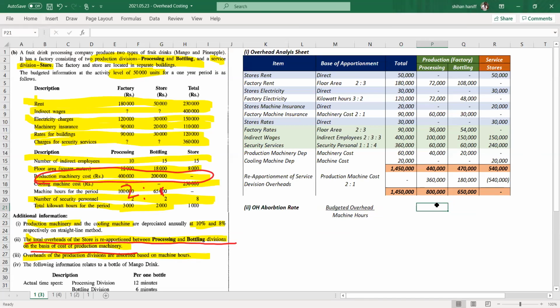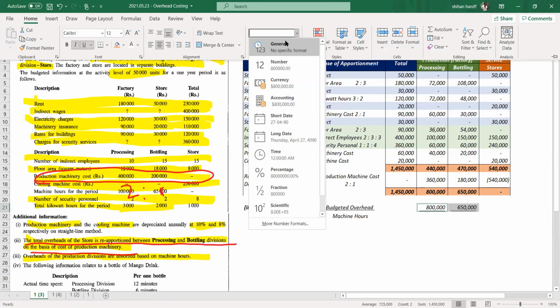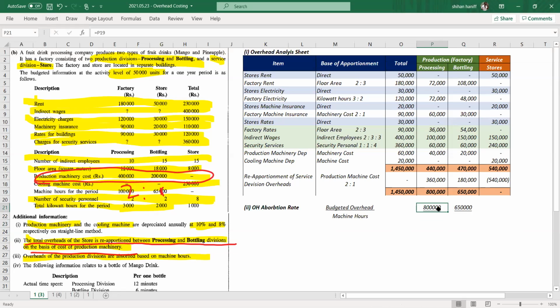Budgeted overhead divided by machine hours. Processing and bottling department. Budgeted overhead is 800,000. Here budgeted overhead is 650,000. Divide by machine hours.